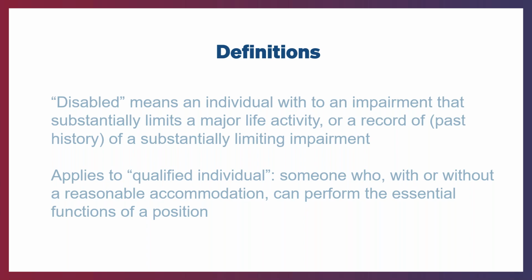Now, what that means, under the ADA, which prohibits discrimination against someone with a disability and requires you to accommodate someone with a disability, is that a record or a past history could be someone who, for example, had cancer and is now in remission from cancer.